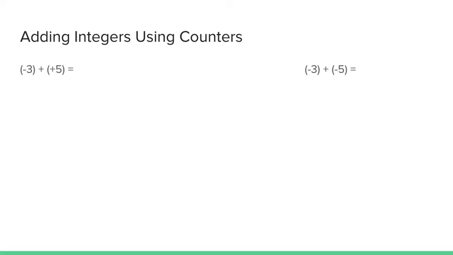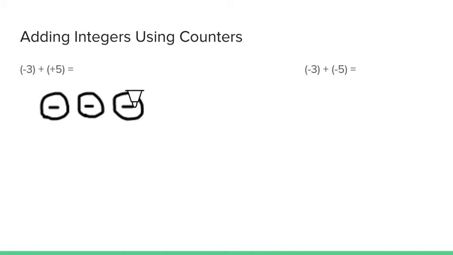Next, we are going to add integers using counters. Adding with counters is also quite easy. So what we're going to do, first, we're going to start off with -3, which means I'm going to draw 3 negative counters. You see here they all have a minus symbol. There's our 3 negative counters.